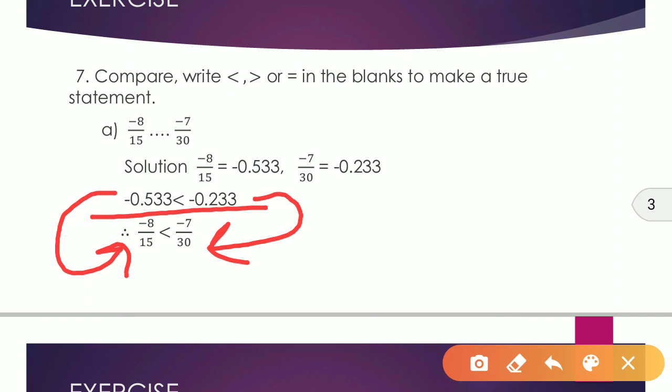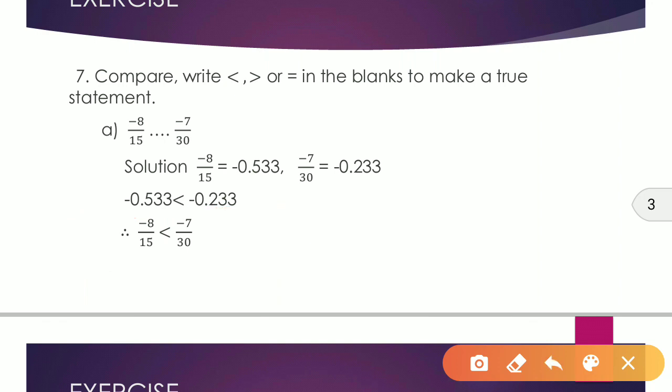First, what you have to do is convert the rational numbers into decimal numbers. Minus 8 by 15 will be equal to minus 0.533. The negative sign will be as it is. Minus 7 by 30, if you divide 7 by 30, you will get 0.233. Now you have to compare both the numbers. Both are having negative sign, and in the negative numbers the order is reversed.